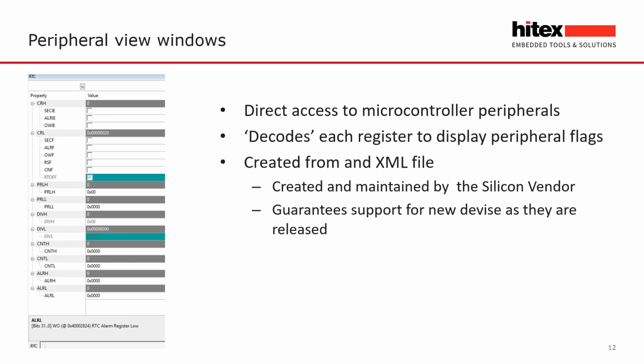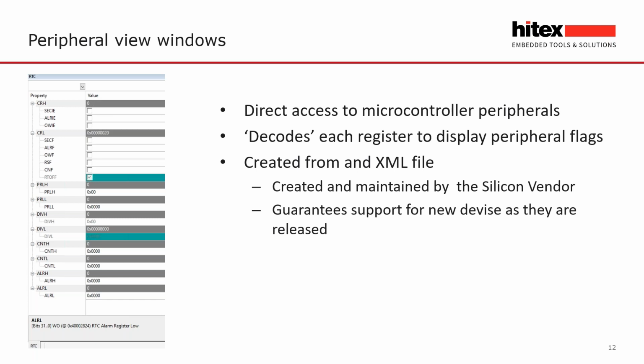So as part of the CMSIS standard, there's now a software standard called the System Viewer Description file. Effectively, this is an XML file that describes the layout of a given peripheral and the construction of these windows. These XML files can be generated by the silicon vendors and then imported by different debuggers to create these peripheral views.